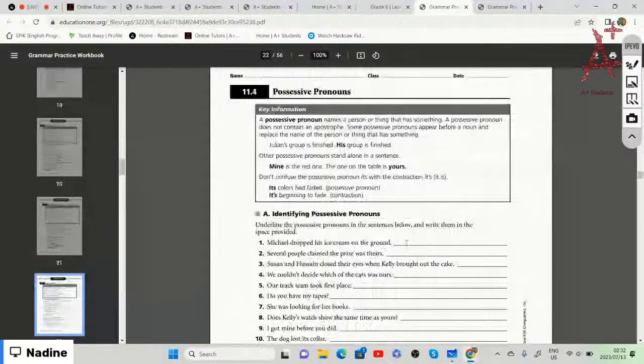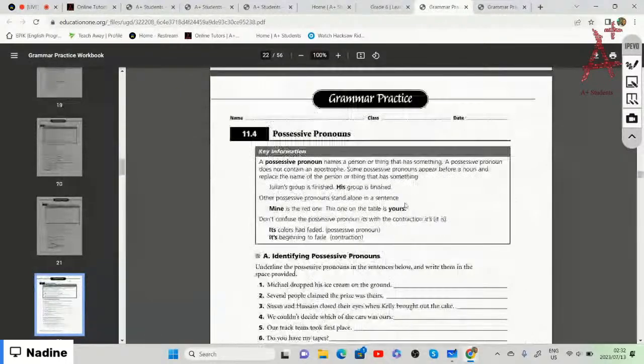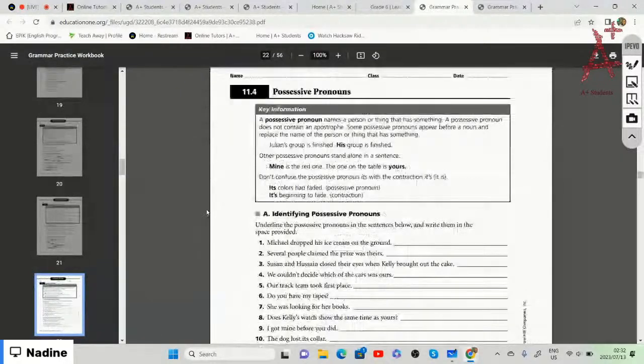All right, so this is grammar activities on possessive pronouns, and it links to the lesson that we did today. A possessive pronoun names a person or thing that has something, and a possessive pronoun does not contain an apostrophe.